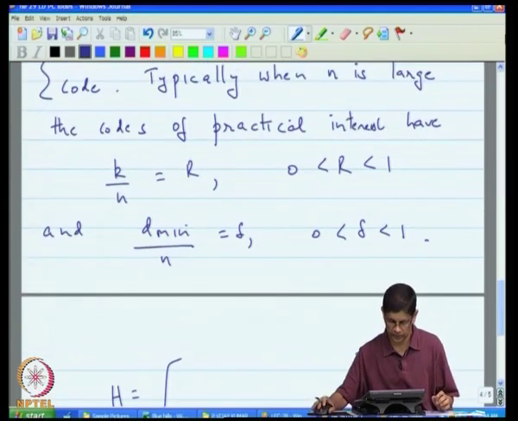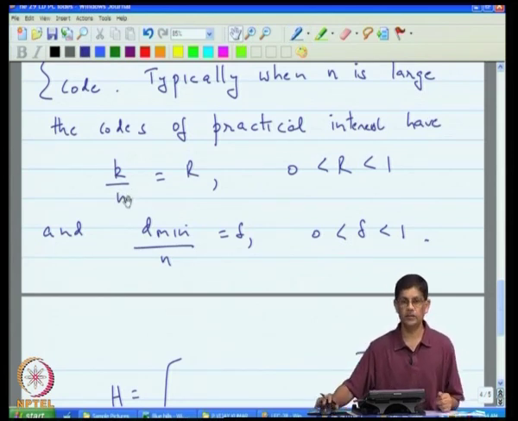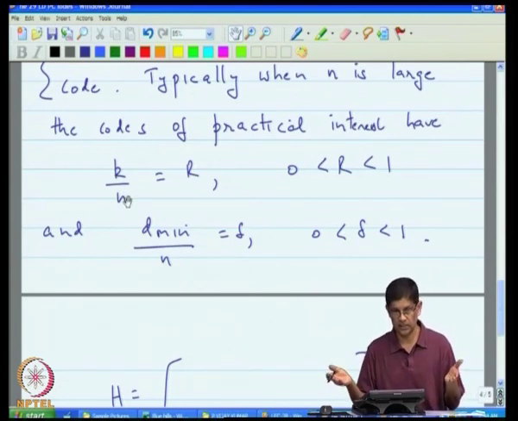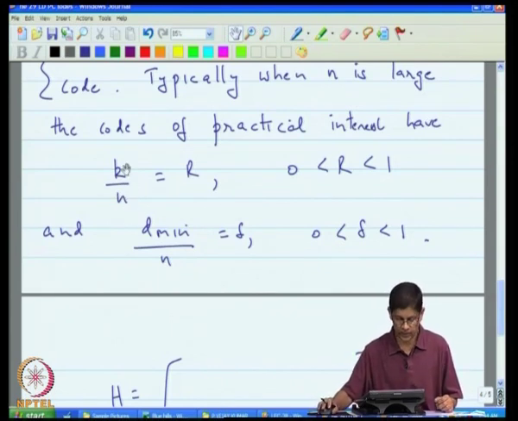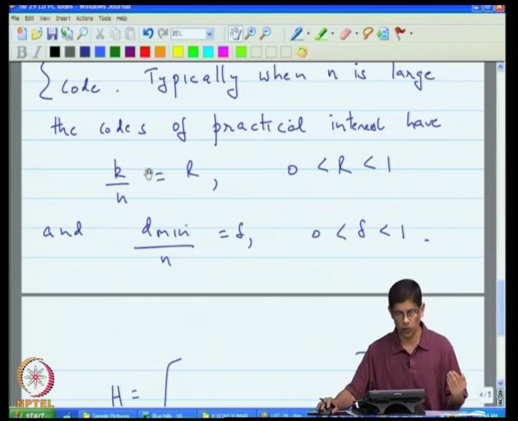So, what you should interpret this to mean is that when n is large, you can think of this as n tending to infinity. It is not really infinity, it is more like you might in practice have codes whose block length is 16,000, 32,000. So, it is large. And then you are not interested in codes where the dimension is 3 and the length is 16,000. It is more like k by n is some appreciable fraction.